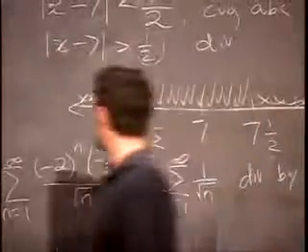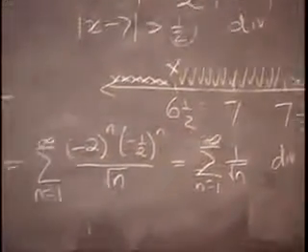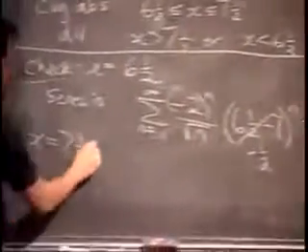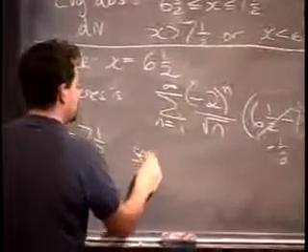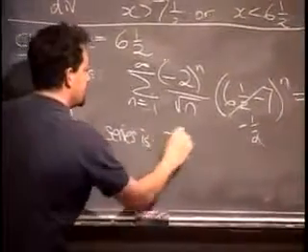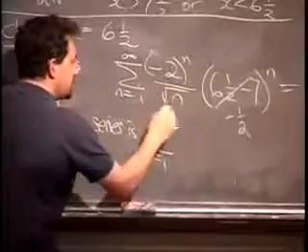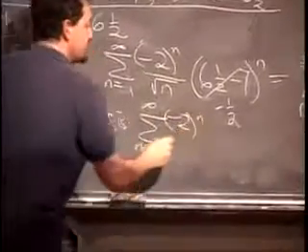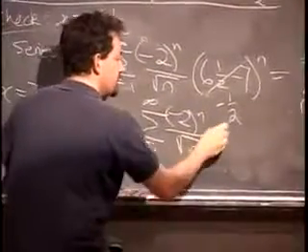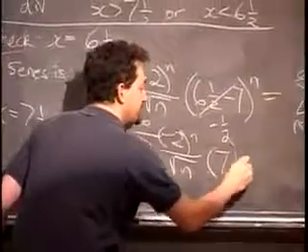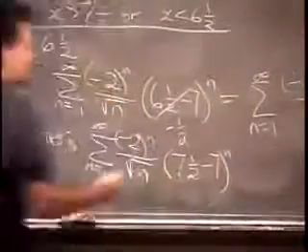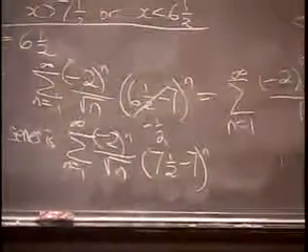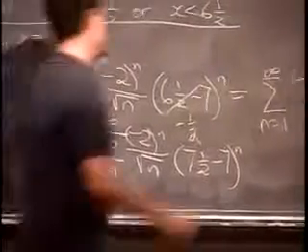However, what happens at x equals 7.5? We check this and then we go home. The series is minus 2 to the n over root n times 7.5 minus 7 to the n. 7.5 minus 7 is 1/2.